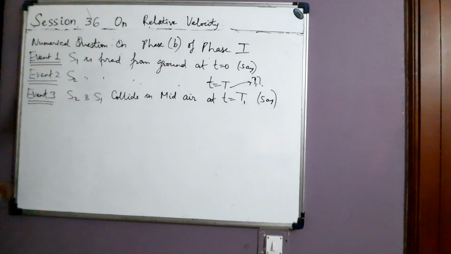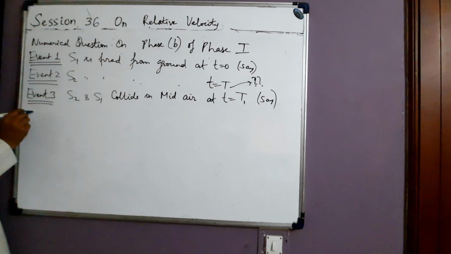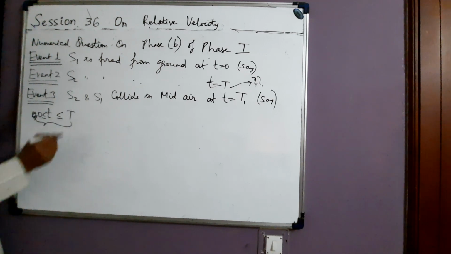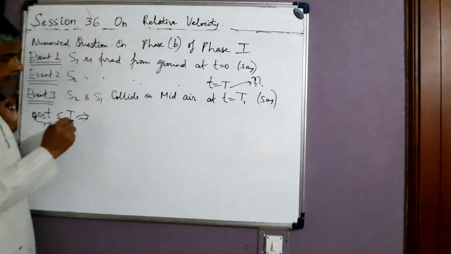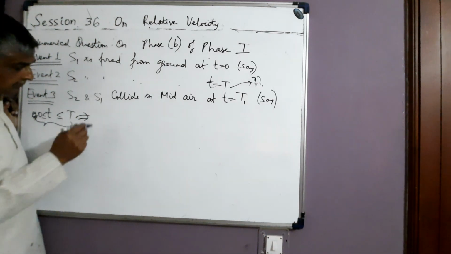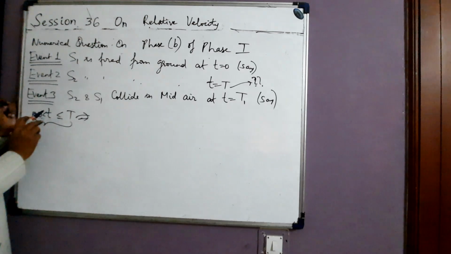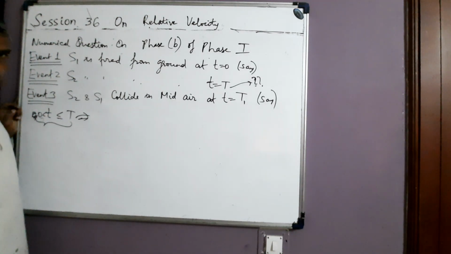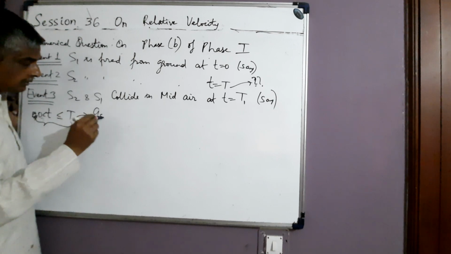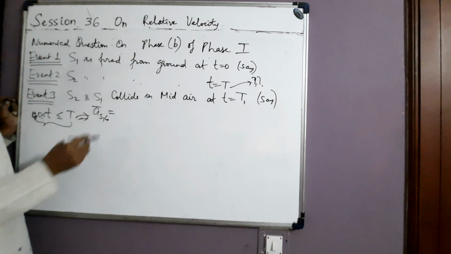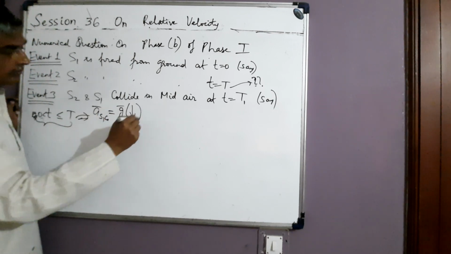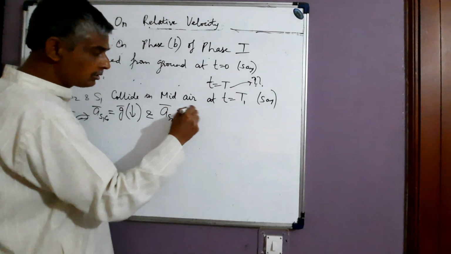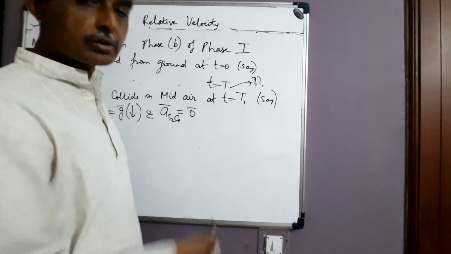Now see, first of all, consider the time interval 0 to capital T. In 0 to capital T, S1 has already been fired. The acceleration of S1 with respect to ground is g in downward direction, and the acceleration of S2 with respect to ground is 0 because it has not yet been fired, it is just lying on the ground.